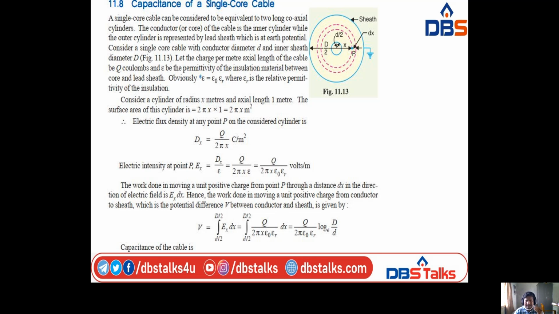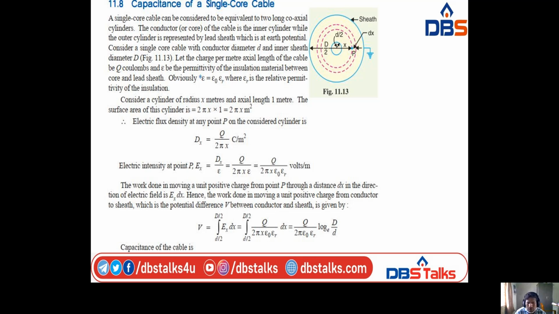Now go for the work done in moving a positive unit charge from point P through a distance small dx in the direction of the electric field Ex. Therefore, the work done in moving a positive unit charge from conductor to sheath is the integral of that.